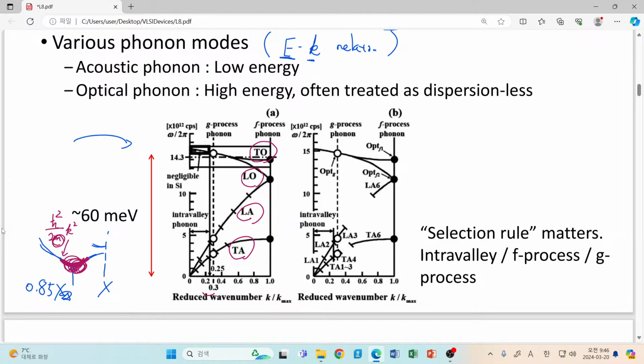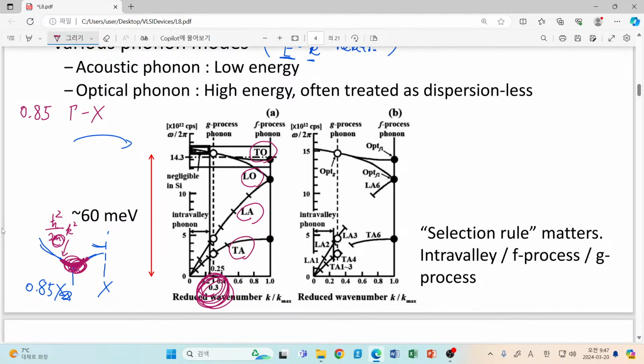For example, can you see 0.3 in this case? This one is 0.3. Why do we have 0.3? Please think about this in terms of our Brillouin zone. Here you have 0.85 starting from gamma to X, and now this phonon, whose momentum is given by 0.3, is interacting.